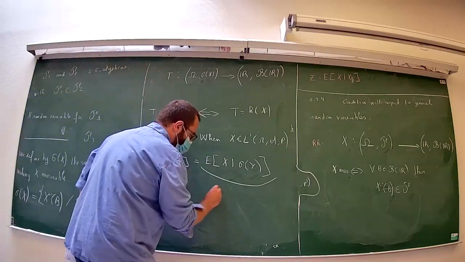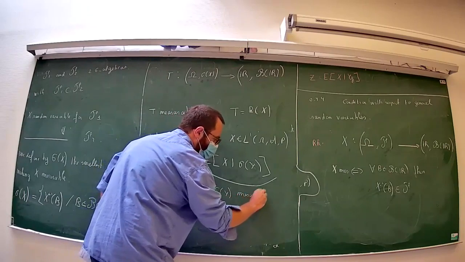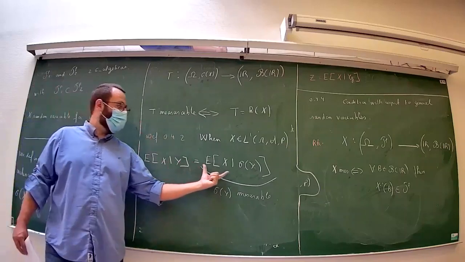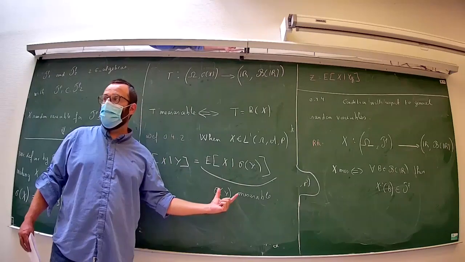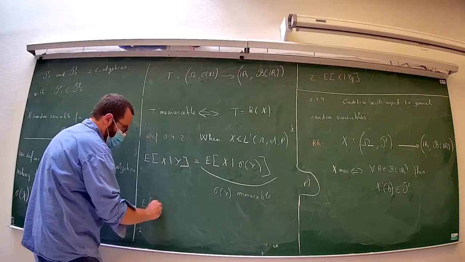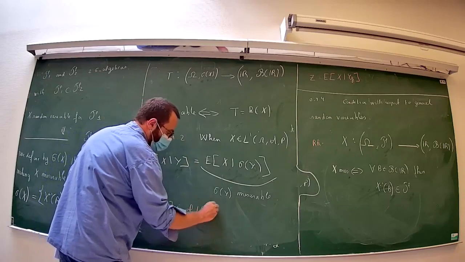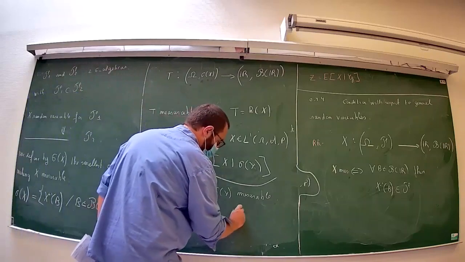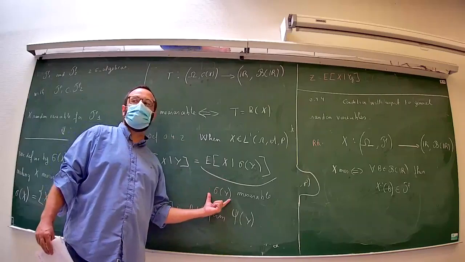And in particular, this one being sigma of Y measurable, because of this result, we know that the conditional expectation given sigma of Y is in fact just a function of Y. It is of the form, in the same notation I have used, psi of Y, because this one is sigma of Y measurable.